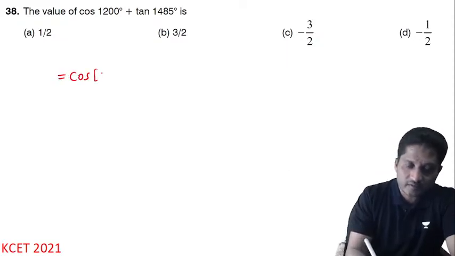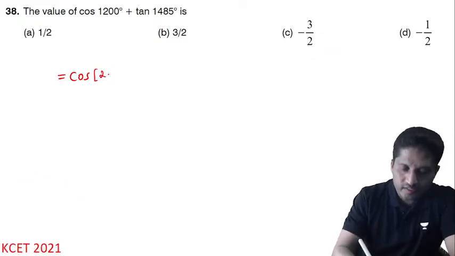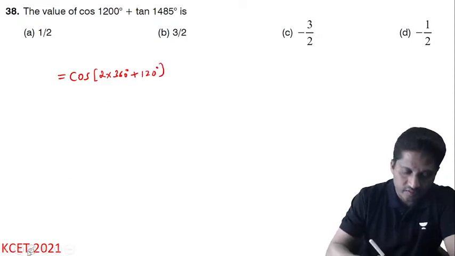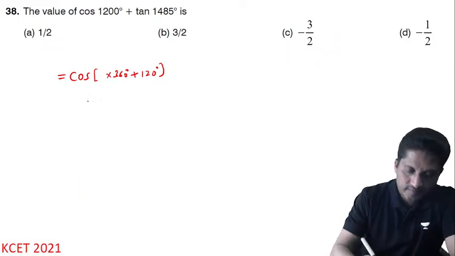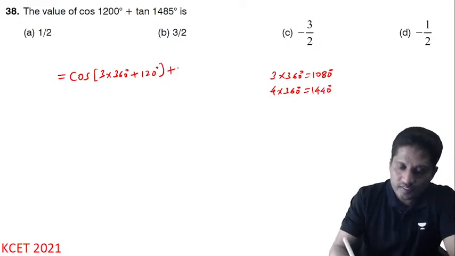I can write this as 2 into 360, which is 720, plus 480. 3 into 360 is 1080, and 4 into 360 is 1440, plus this is tan of 4 into 360 plus 45.